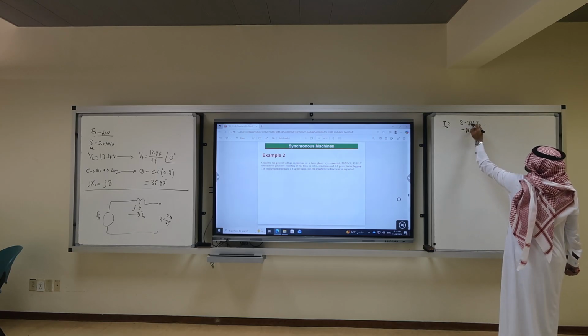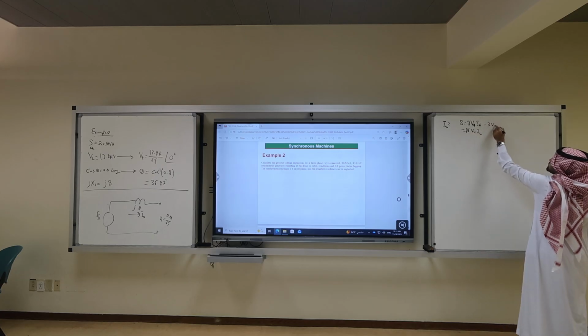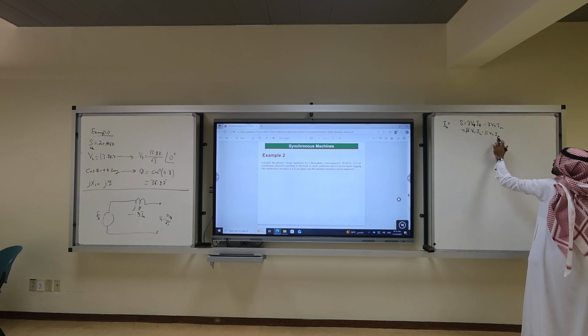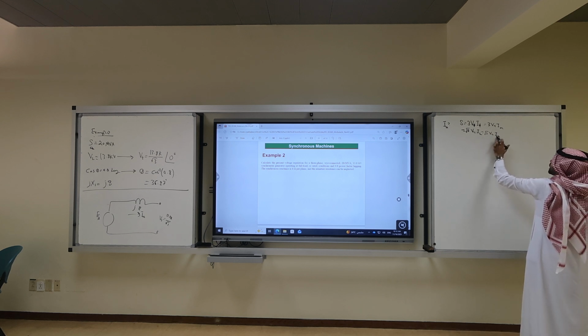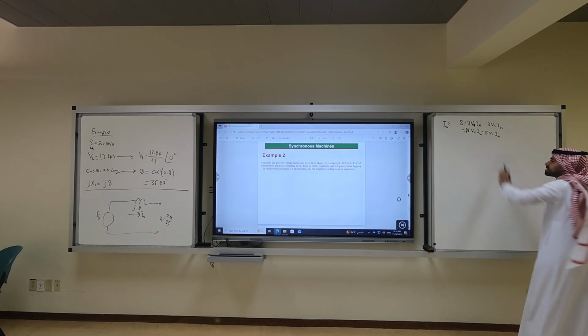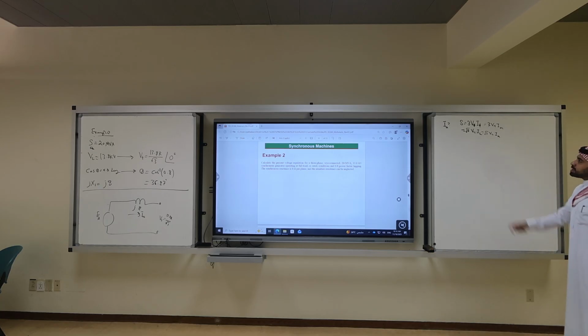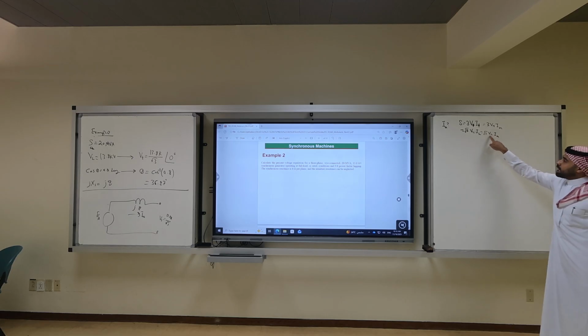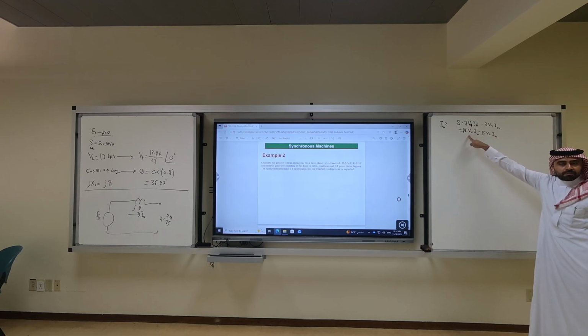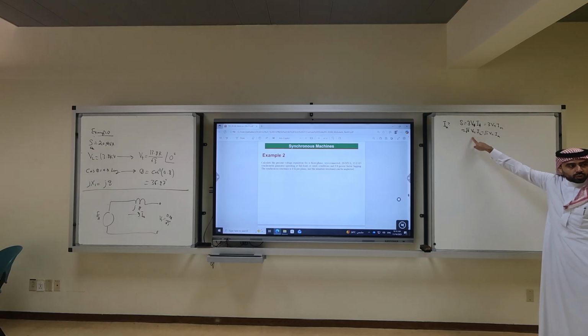If you use 3 V phase I phase, it is 3 VT IA, or square root of 3 VL IA. Why? Because in Y connection, IA and IL are the same. In delta connection, VL and V phase are the same. Module 1, the most important module in power systems.